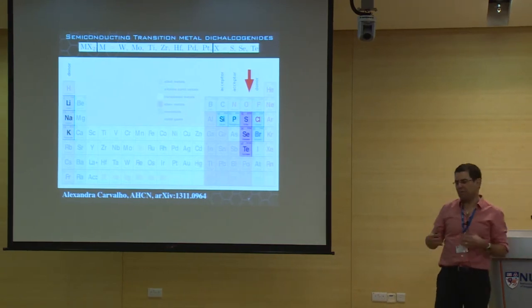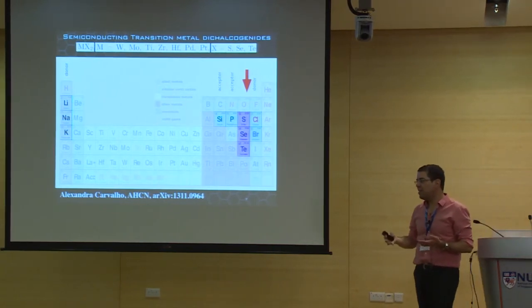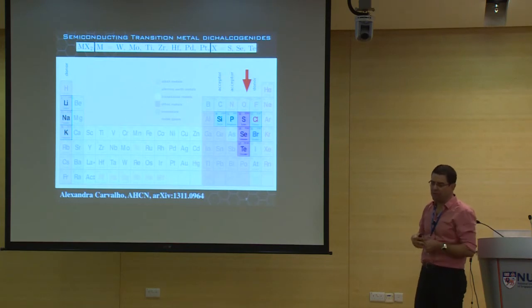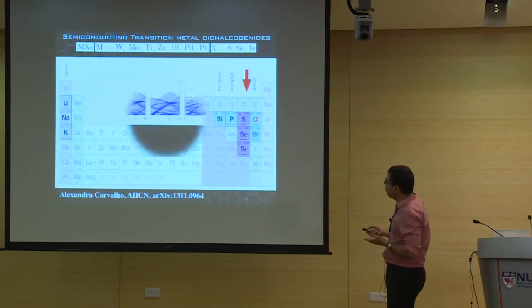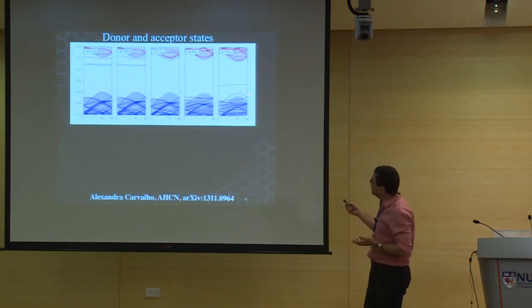Very traditional semiconductor logic, like we are used to doing in III-Vs and so on. So we went ahead and calculated, for instance, the donor and acceptor states for replacement of the chalcogen or for physical adsorption and so on.